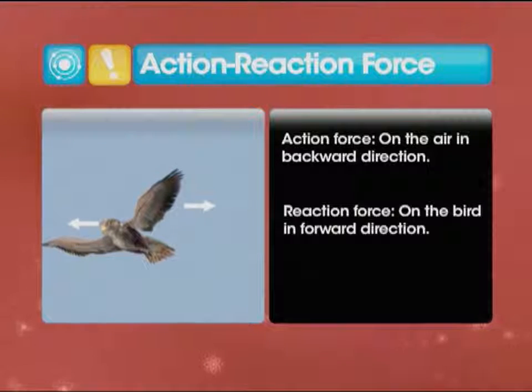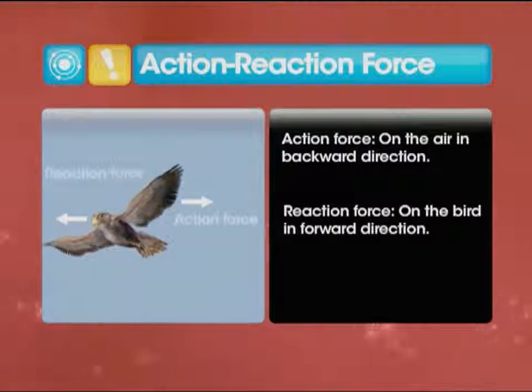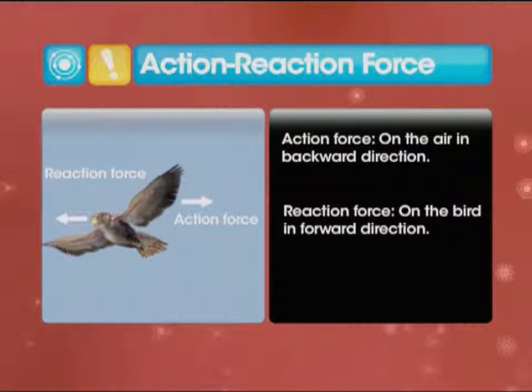The size of the force on the air equals the size of the force on the bird. The direction of the force on the air, that is backward, is opposite to the direction of the force on the bird, which is forward. For every action, there is an equal in size and opposite in direction reaction force. So it's action-reaction force pairs that make it possible for birds to fly.